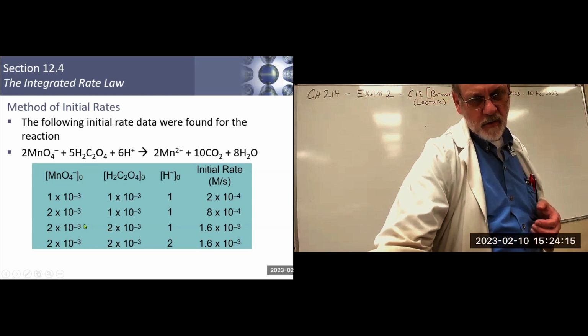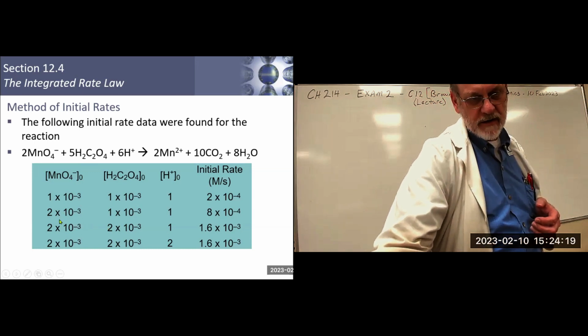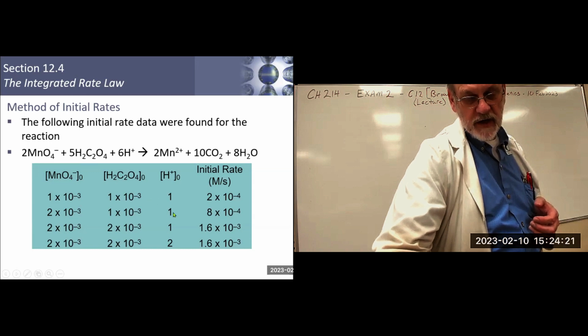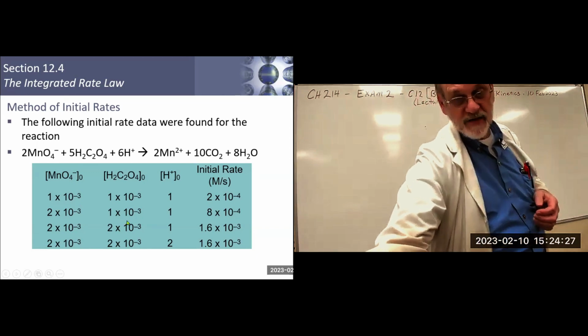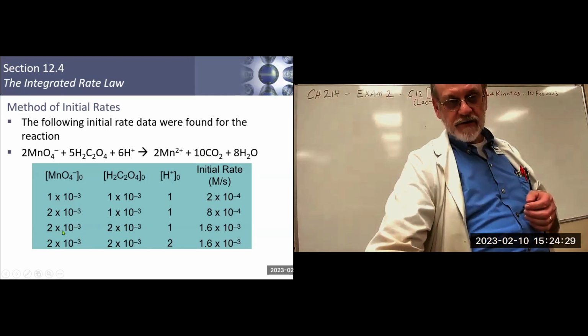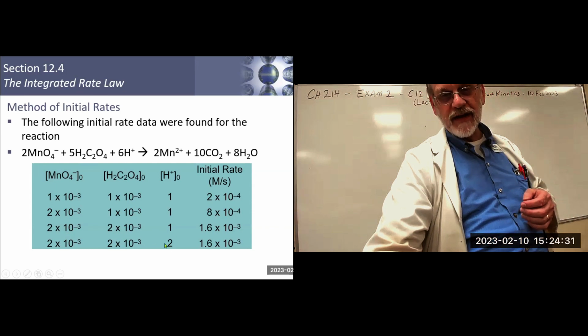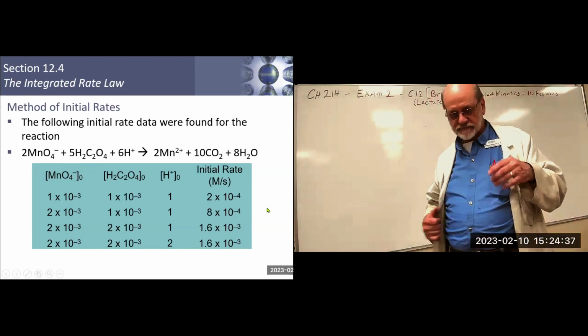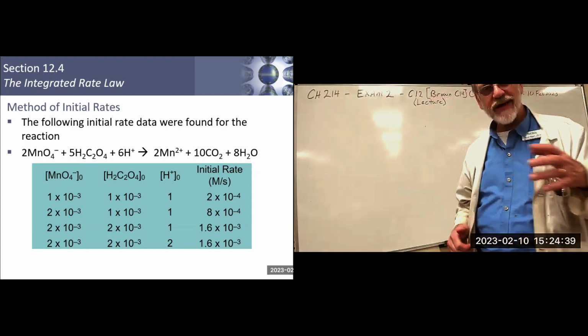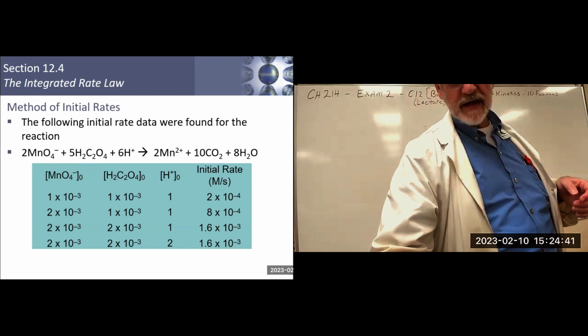For the third one, we hold this one constant from here to here, and this one constant from here to here, and now this term is allowed to vary. And for the last one, we're holding this term constant, and we let the last one vary, be different. Okay, here's how this works. If we write the rate law, let me see if it's on the next slide.